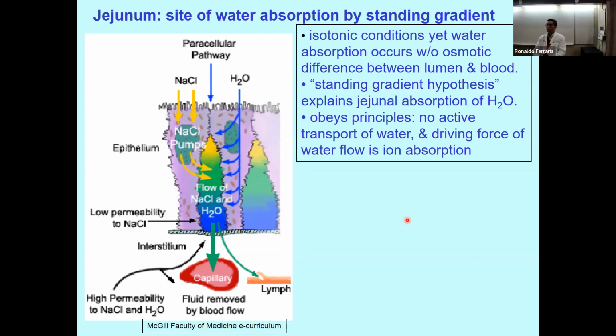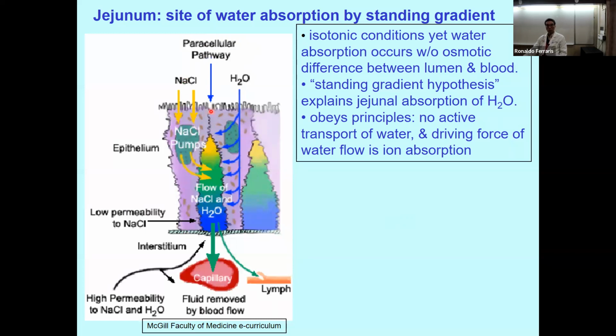But how can that be when one side is isotonic to the other side? This is what is called the standing gradient mechanism, explaining how we absorb water. So this is sort of a summary of what we just talked about. This is your paracellular pathway. This is your transcellular pathway.